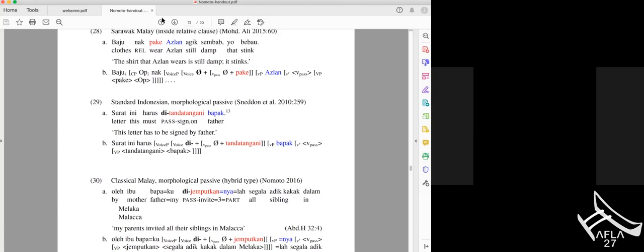This functional head above little vP is sensitive to the voice, but the voice doesn't trigger voice syntax by itself. It's just sensitive to voice. Does it make sense?